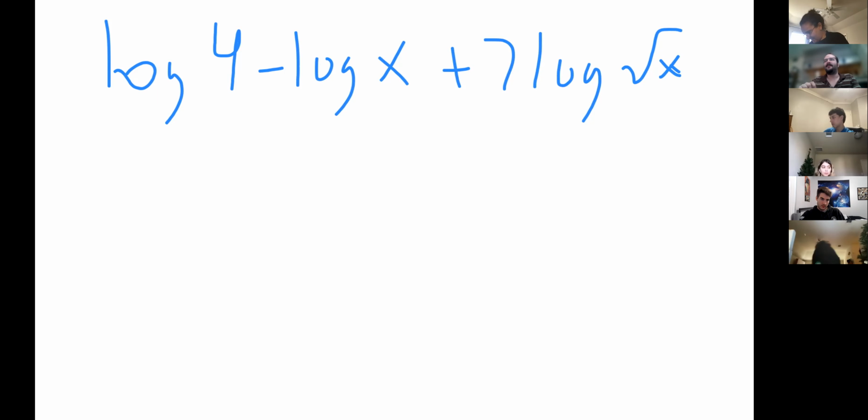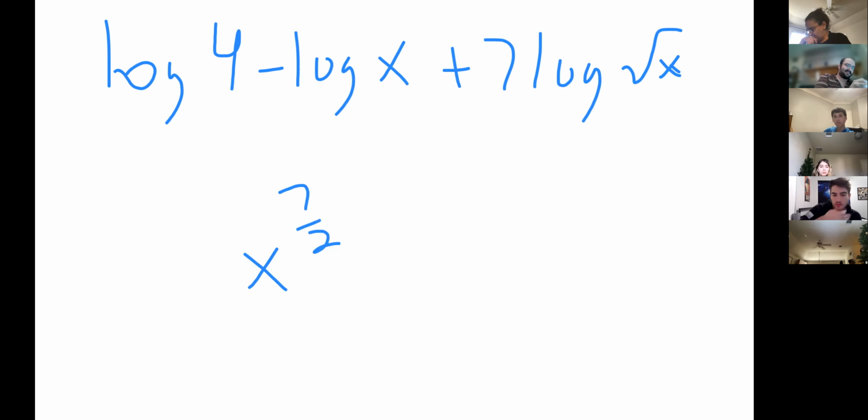I'm going to give you a little more time on this. I'll ask you again when we come back. I'm kind of confused on the 7 log the square root of x part. I'm just having trouble putting that together. I'm not really sure what direction I have to look and do this problem, to be honest.